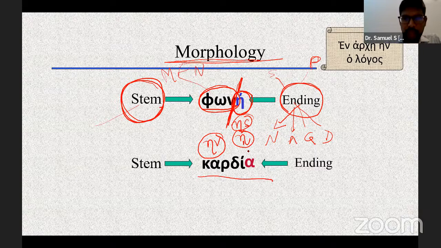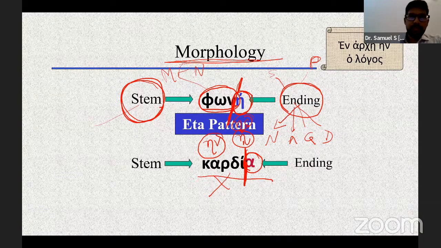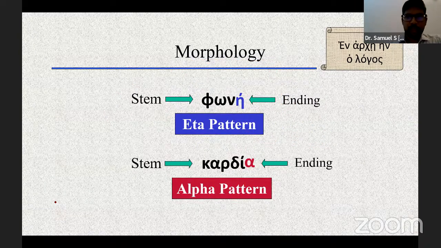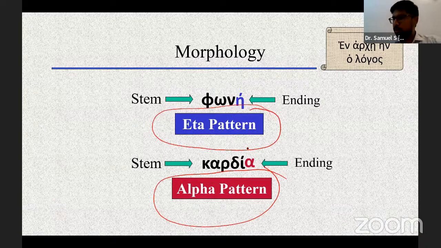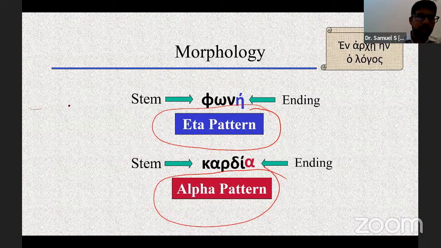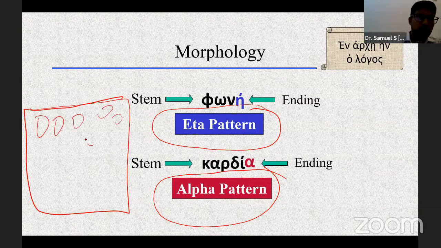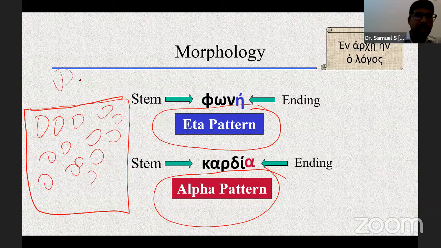Now, take phone. It has a stem, phon, which never changes. The only thing which changes is the endings. In first declension nouns, there are two patterns. So you remember last week I told you to think of declensions as a broad set of different nouns that have the same way they decline or end.